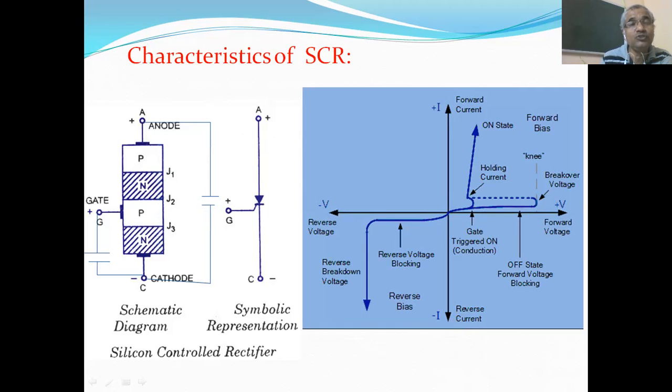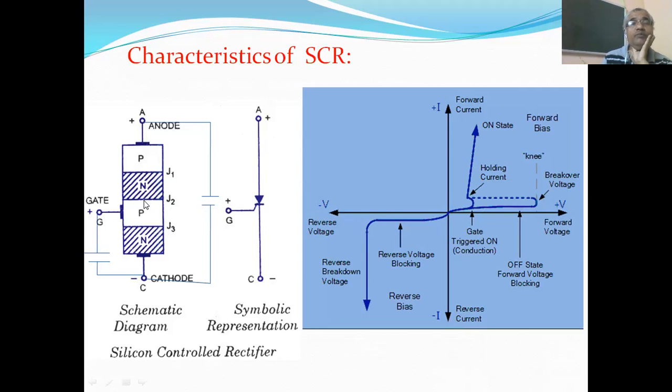So the junction J2 will start breaking down due to the availability of the electrons due to the forward biasing of this gate voltage, and therefore junction J2 will break down at the lower applied voltage.